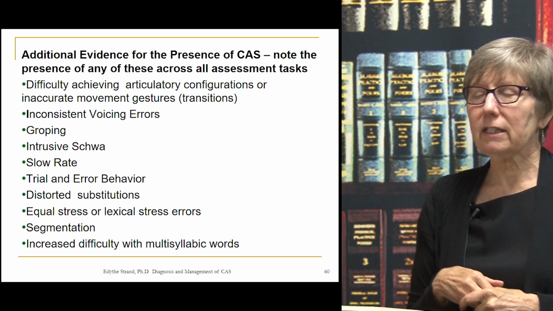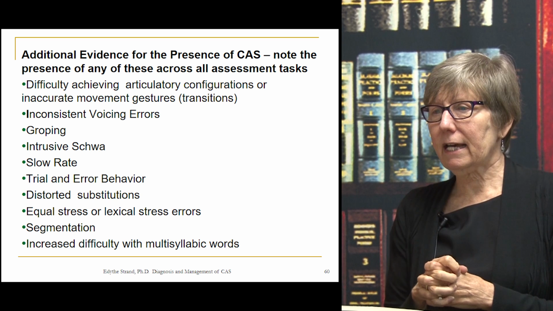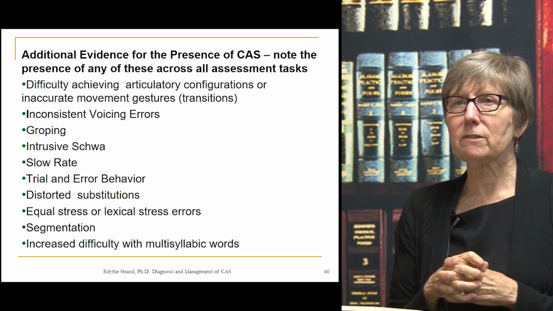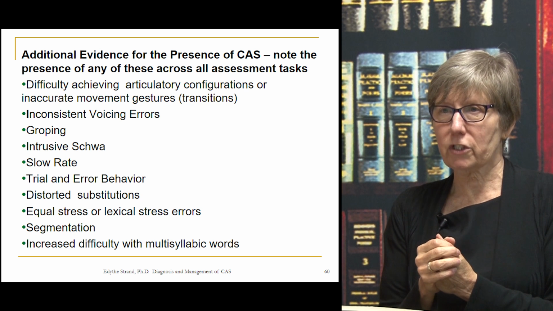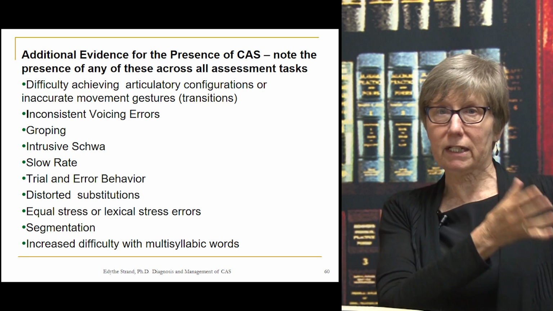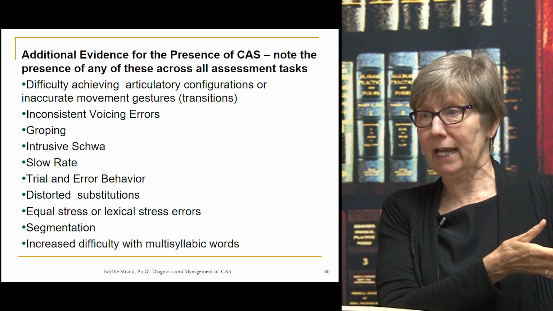Now, there is additional evidence in this next slide that has been used in research to provide additional evidence for childhood apraxia of speech. And these were many of the characteristics that we talked about earlier today.